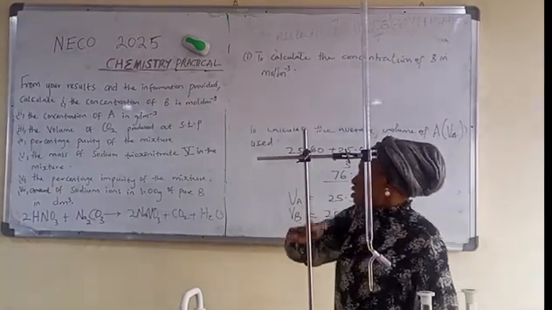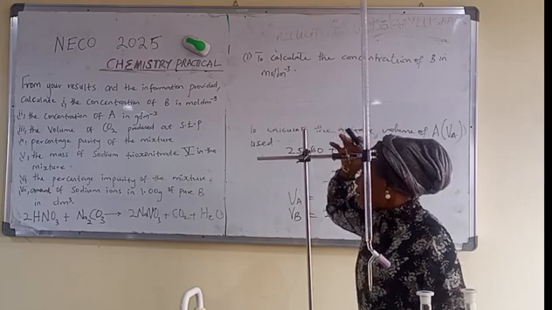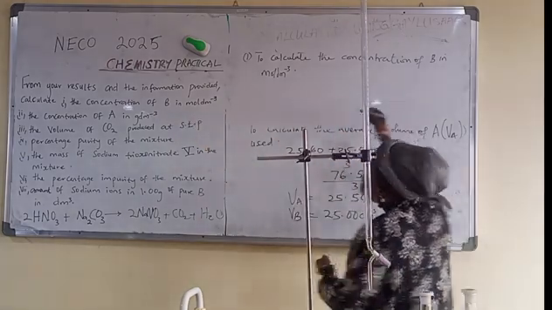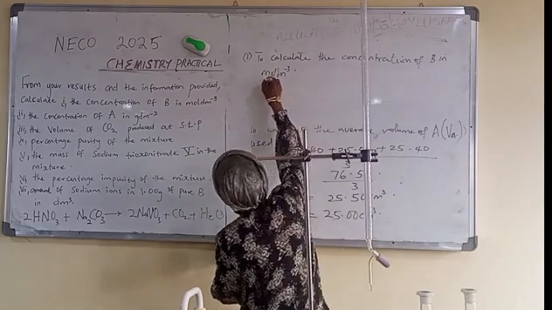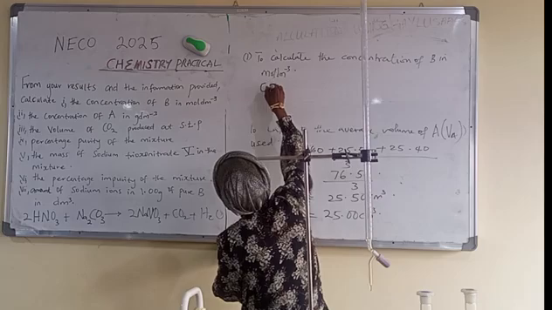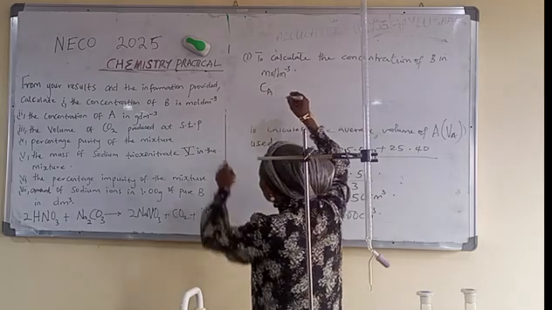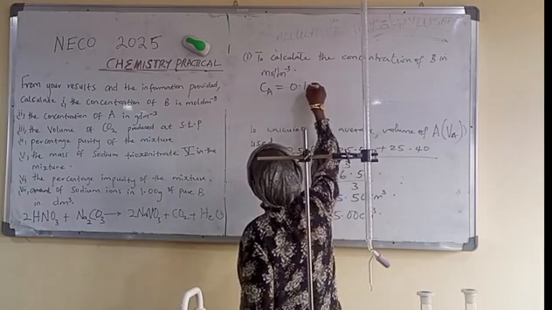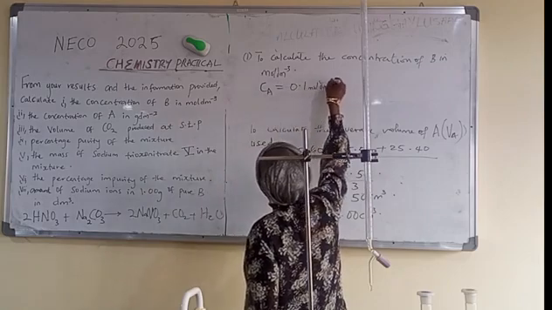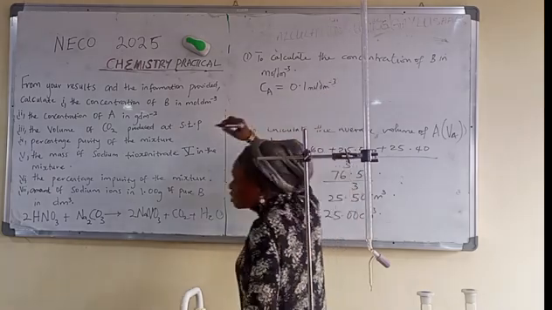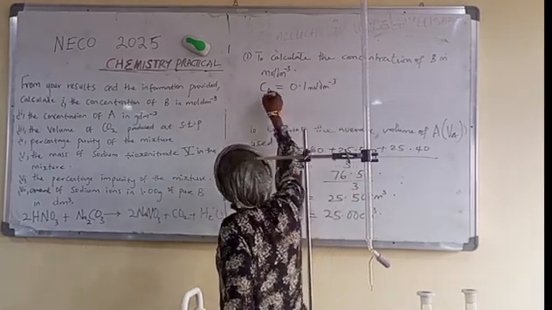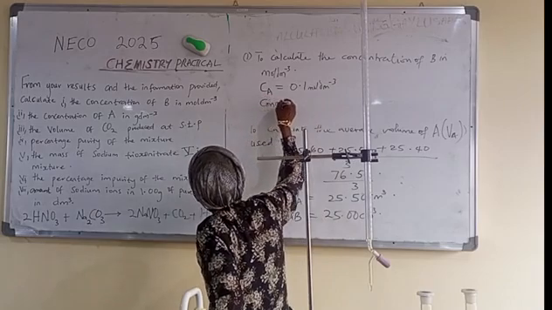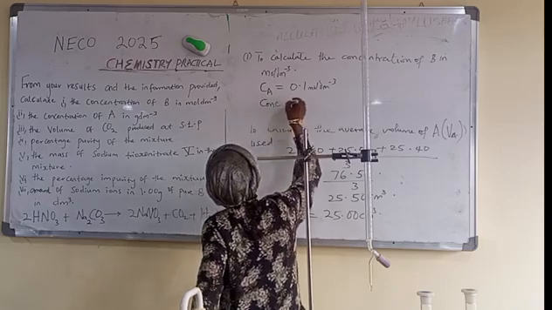For the question, the information says your CA is 0.1 mole per dm cube. Then the question says the concentration of impure form is 8.